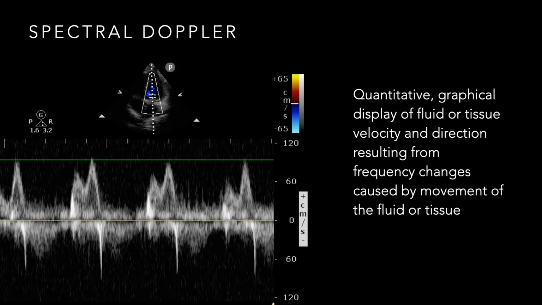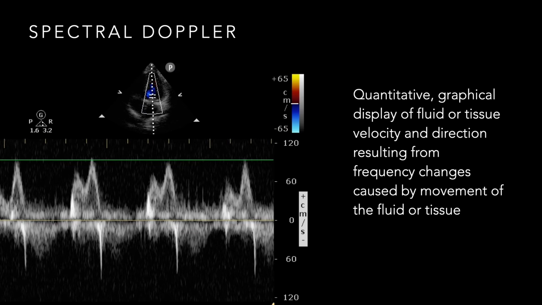So let's move on to spectral Doppler, right? By definition, this is a quantitative graphical display of fluid or tissue in the direction of the frequency changes caused by that fluid or tissue. As we measure the blood flow through a valve, through a vascular system, there's going to be a directionality and a frequency change to it.